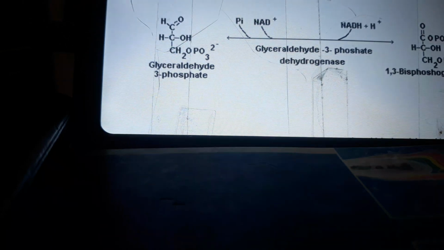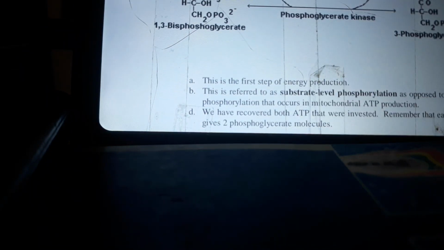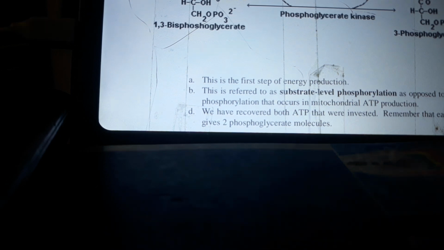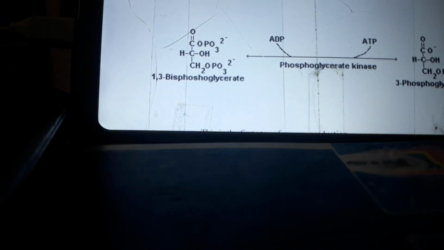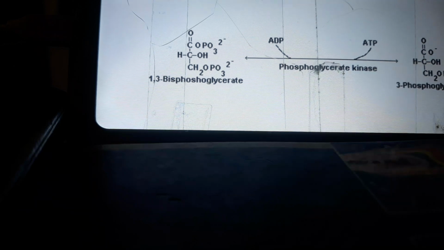And the next one would be glyceraldehyde 3-phosphate in the presence of glyceraldehyde 3-phosphate dehydrogenase getting converted to 1,3 biphosphoglycerate. And the next one, 1,3 biphosphoglycerate in the presence of phosphoglycerate kinase and ADP forming an ATP giving 3-phosphoglycerate.